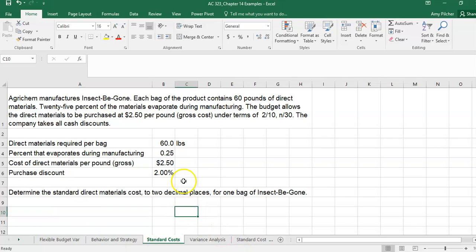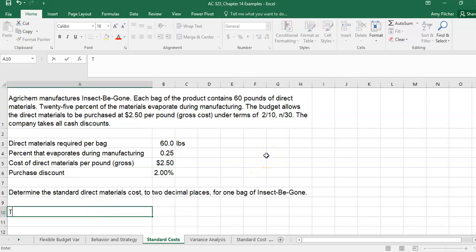So we want to figure out what the standard cost is based on what is required for production, the evaporation, and our discount.